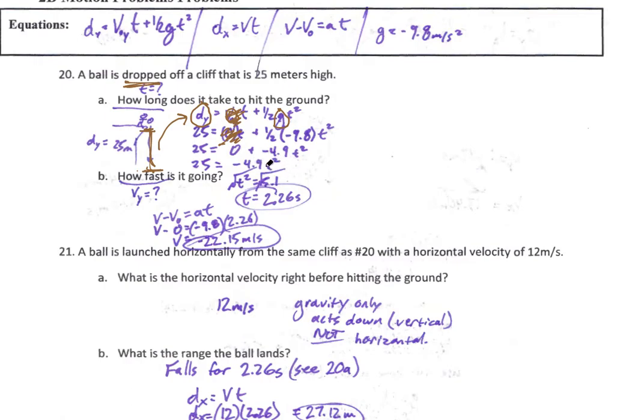We should be able to have some sort of estimate in our heads that it's going to be somewhere around 5, because 25 divided by about 5 is 5. And we do find out that t squared is 5.1. Now, we're going to have to take the square root to get the final answer. Some people are asking, why don't I put it into my calculator this way?